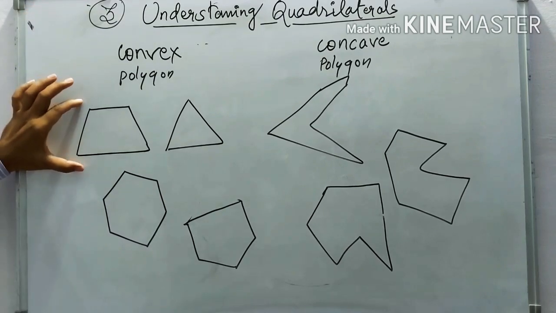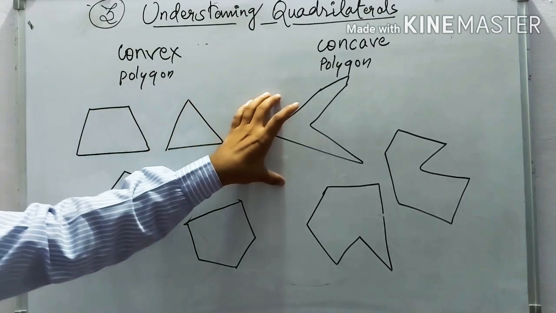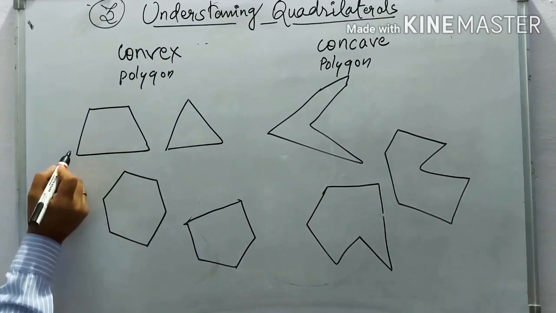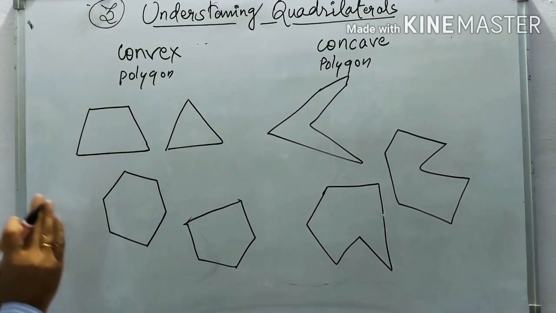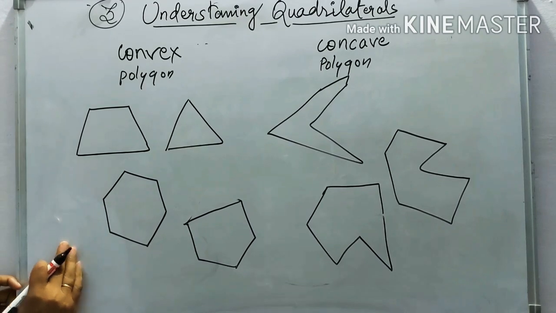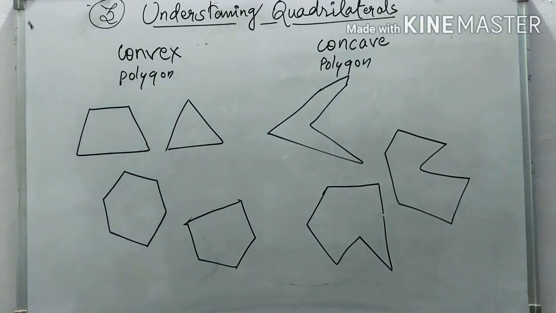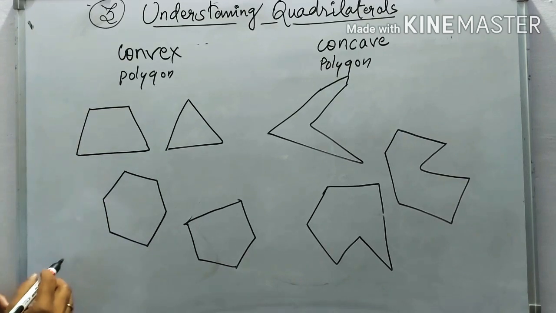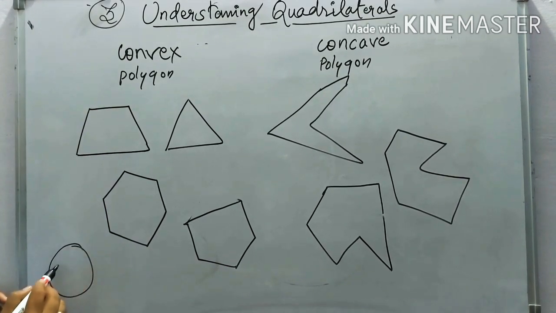Okay, the convex. This type of diagram is convex. But to see the difference, in any geometrical diagram there are two parts: first the interior part and second the exterior part. Inside the diagram is the interior and outside is the exterior part.